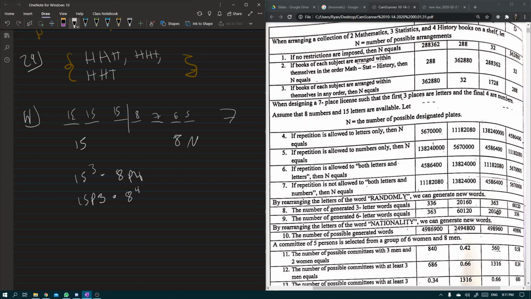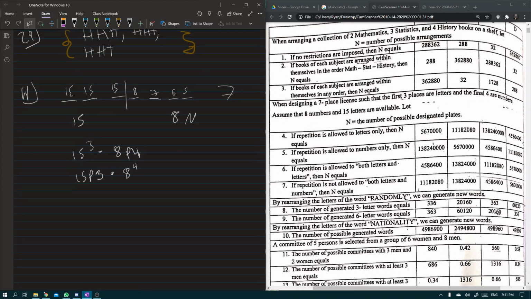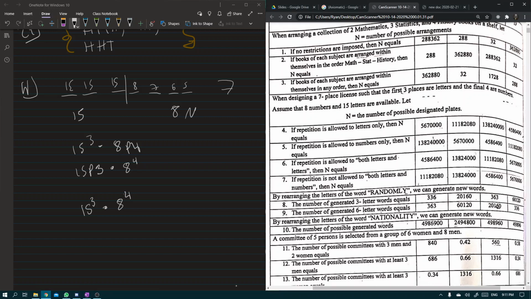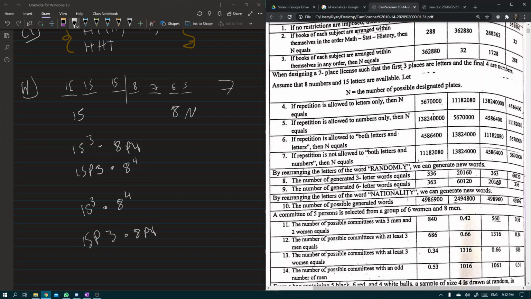If repetition is allowed to both letters and numbers, so 15 cubed times 8 to the power 4. Okay, that's what they meant. If repetition is not allowed, just 15P3 times 8P4.